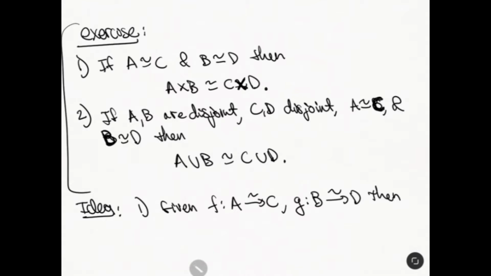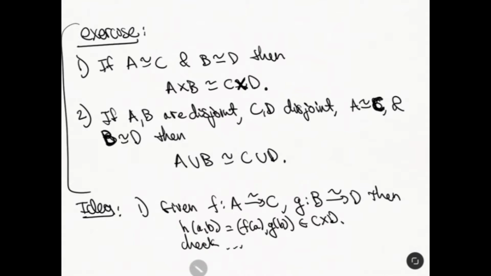Then H of (a, b) looks like (F of a, G of b). Okay, and so this is an element of C cross D, and then you need to check that it's a bijection.